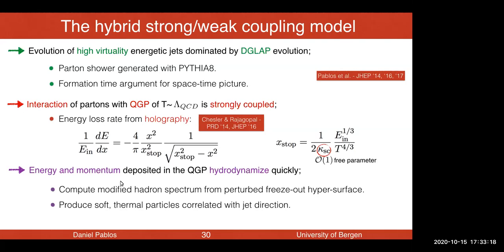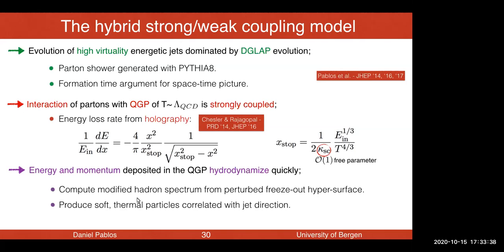Then we use this expression from holography such that each of the partons that traverse the plasma will lose a certain amount of energy according to this rate, which features a stopping length, the maximum length it can traverse, and has this order 1 free parameter.